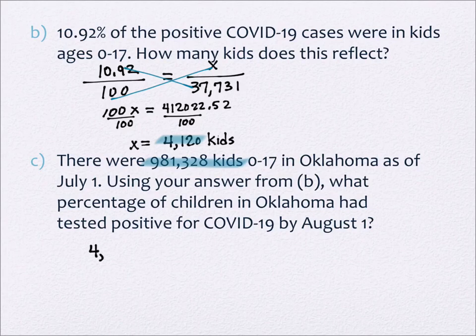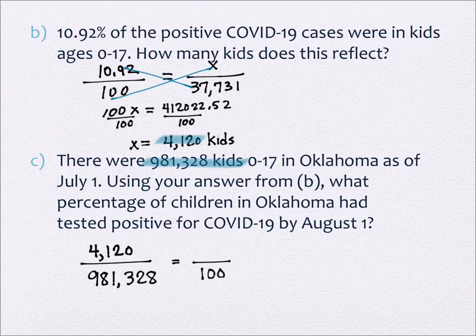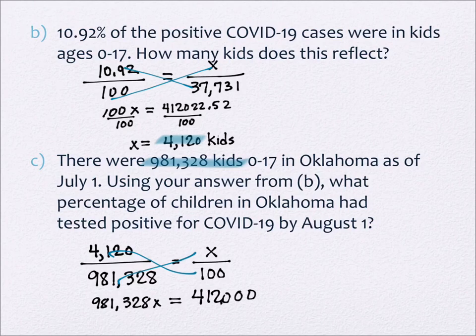So we have our 4,120 cases of children at that point, and we have our 981,328 kids. And we have 100% of the population of children compared to our unknown X. So we'll cross multiply. I have 981,328 X equals 4120, and then a couple more zeros, 412,000.